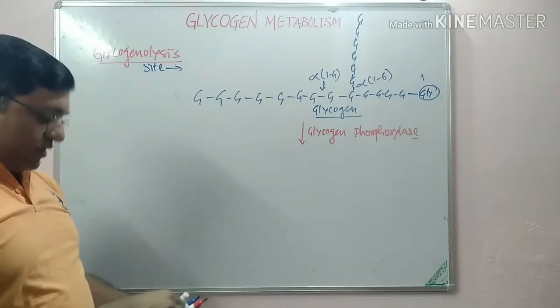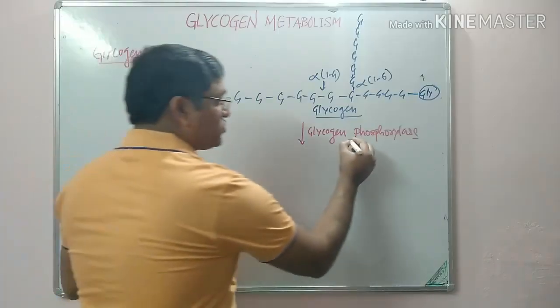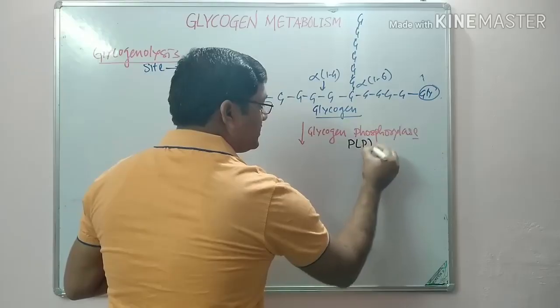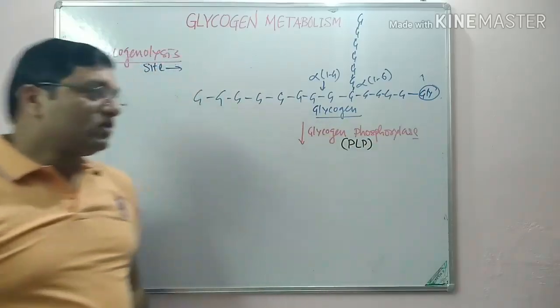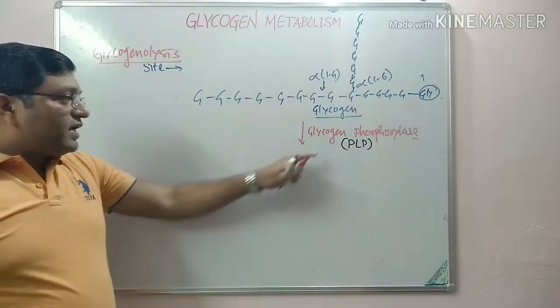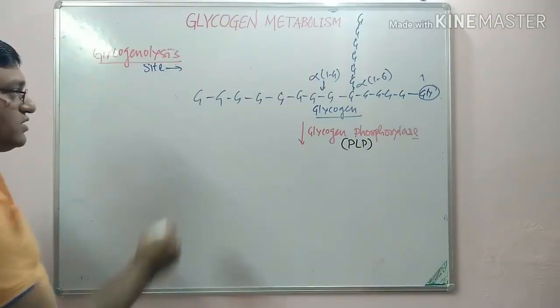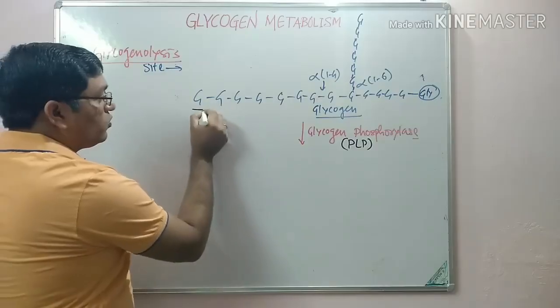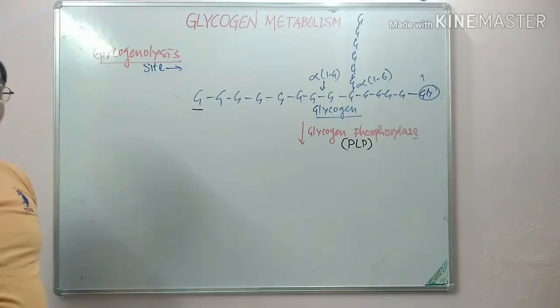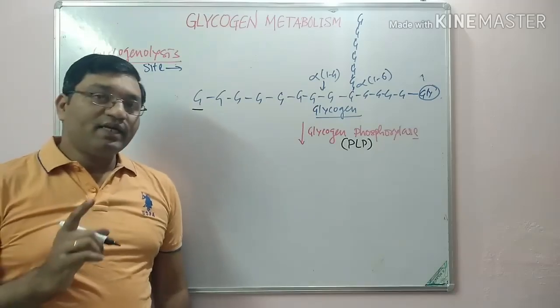PLP, pyridoxal phosphate, is required as a coenzyme for glycogen phosphorylase. With the action of glycogen phosphorylase, glucose molecules are removed one by one until the formation of limit dextrin.